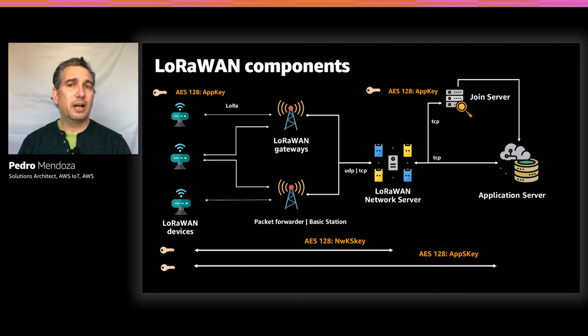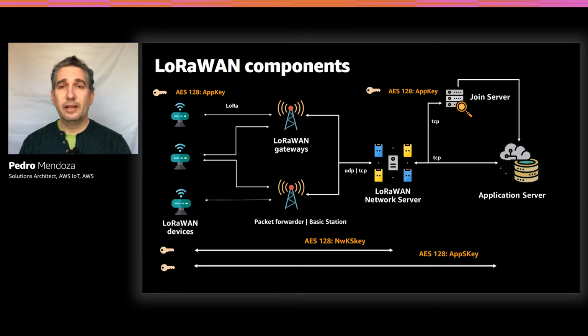There are two main packet forwarder technologies: the legacy packet forwarder, which uses the UDP protocol, and the newer Basic Station that uses TCP and specifically secure WebSockets to send the data to the LoRaWAN network servers.